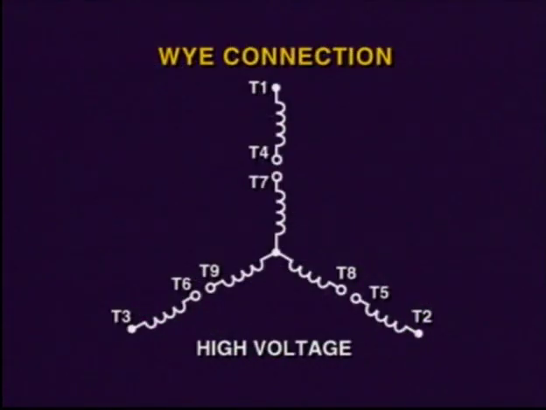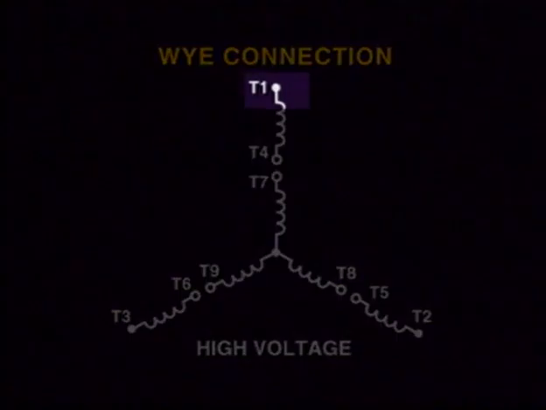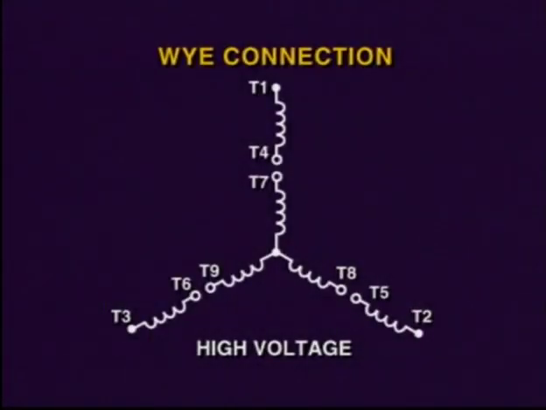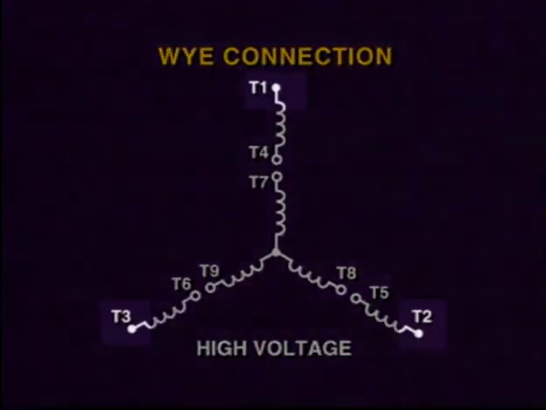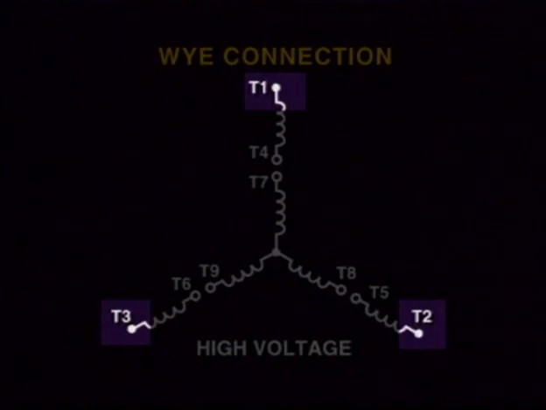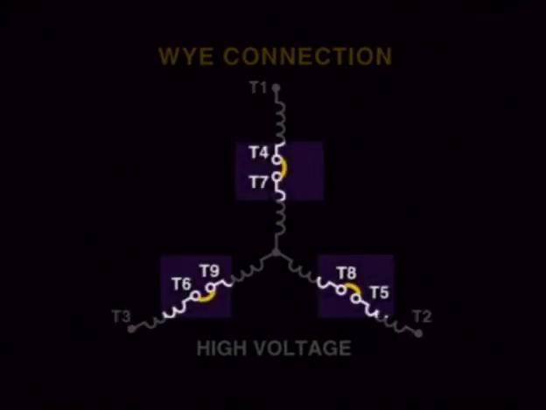The squirrel cage Y-wound dual voltage motor has 9 terminal leads from the end of its coils for field connections. These terminals are numbered clockwise, starting at 1, 2, 3, and so on. The terminal connections T1, T2, and T3 from the starter are connected to the T1, T2, and T3 of the motor. The other connections are wired like this for a high voltage configuration.